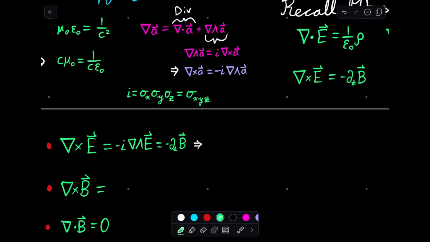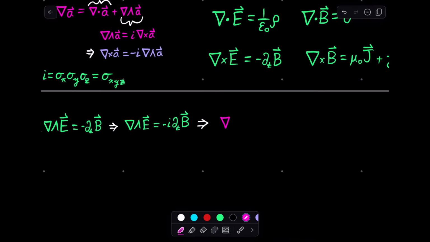And so we end up with wedge curl of E equal to negative I partial in time of B, which we can further rearrange into the form that we need, which is the wedge curl of E plus I partial time of B.